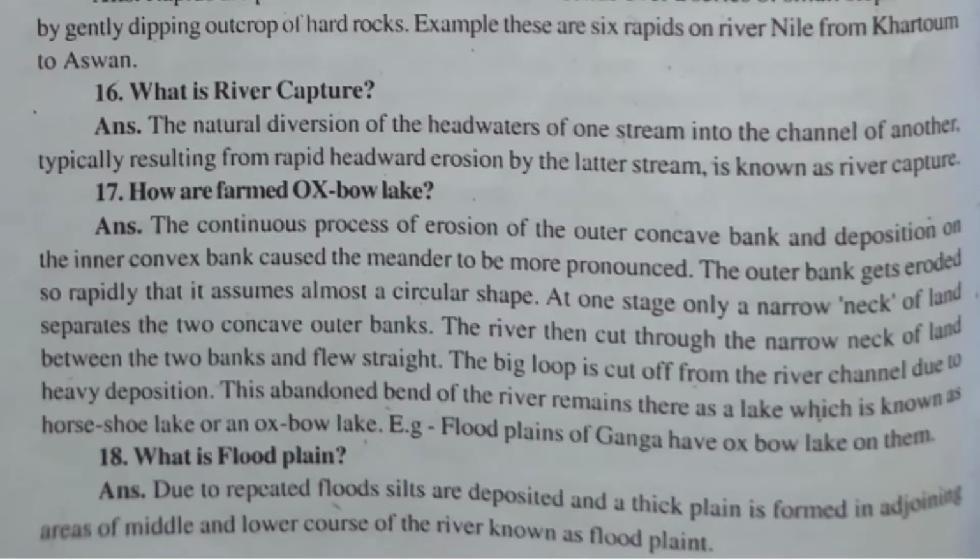The river then cuts through the narrow neck of land between the two banks and flows straight. The big loop is cut off from the river's channel due to heavy deposition. This abandoned bend of the river remains there as a lake, which is known as horseshoe lake or an oxbow lake. Example: floodplain of Ganga has oxbow lakes on it.